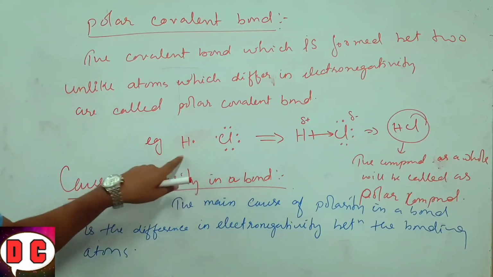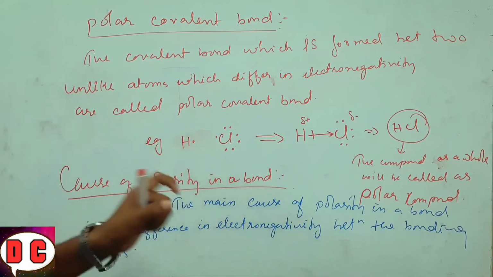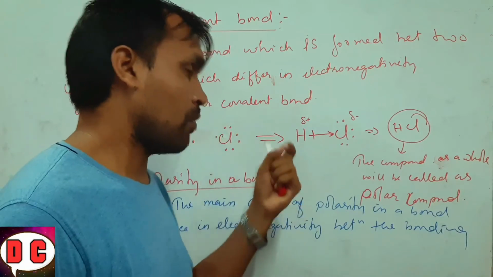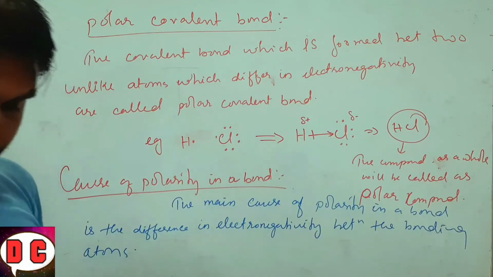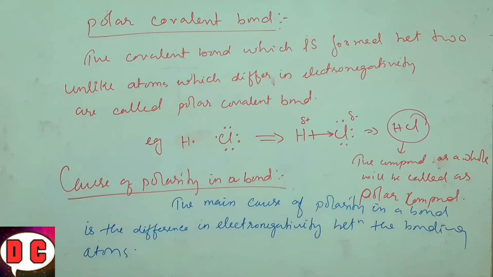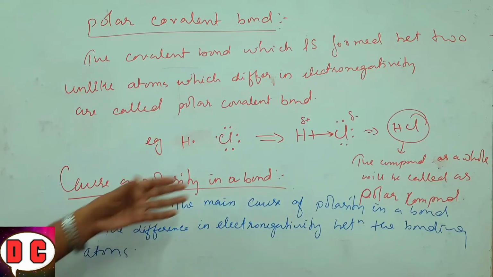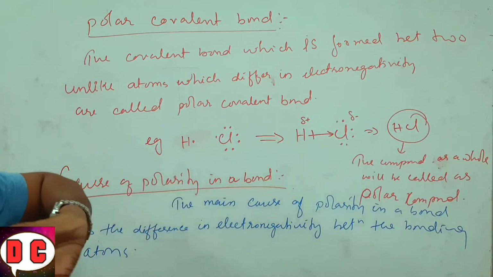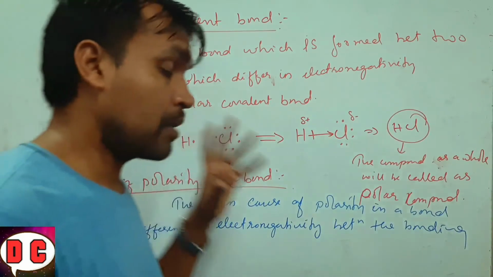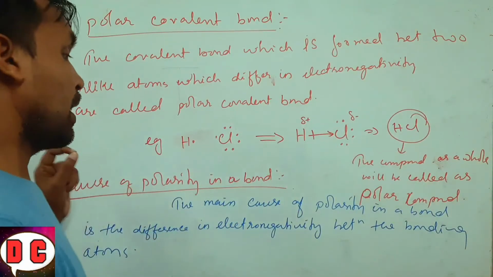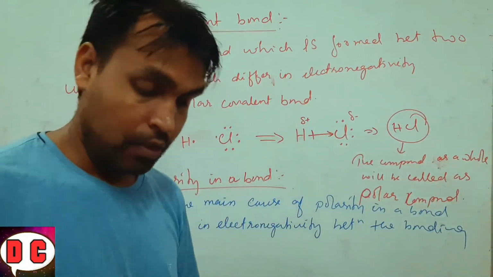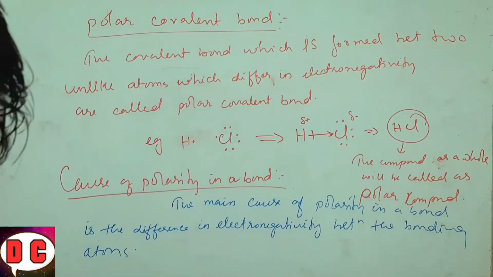The electronegativity difference between them is the cause of polarity in polar compounds. Got it or not? So this point is clear. If you are asked why polarity occurs between two atoms, the main cause is the difference in their electronegativity. Okay, dear students, I hope you have understood.